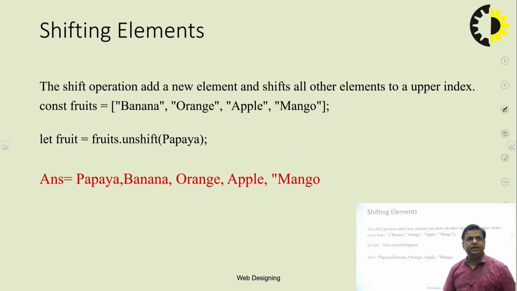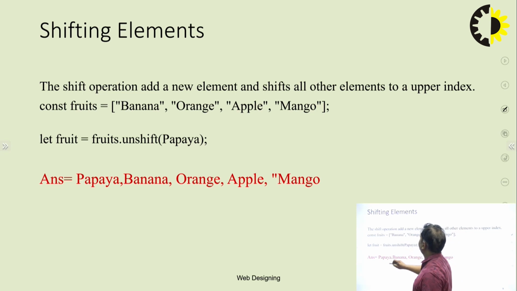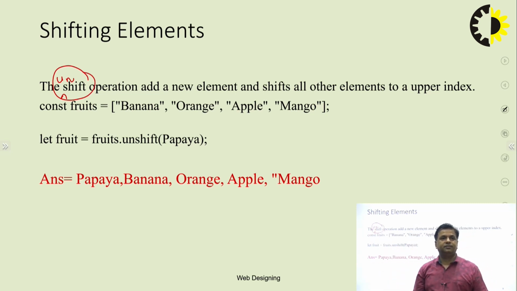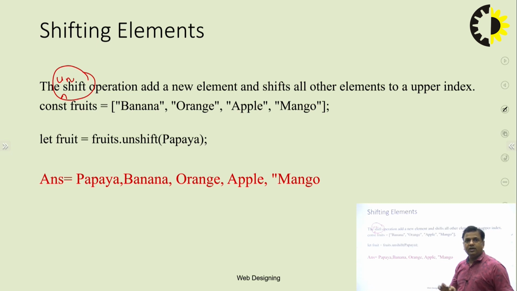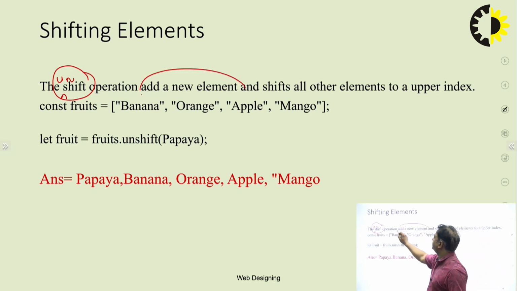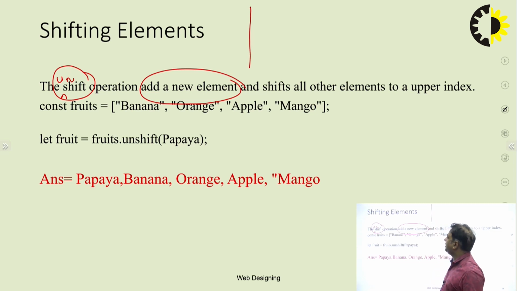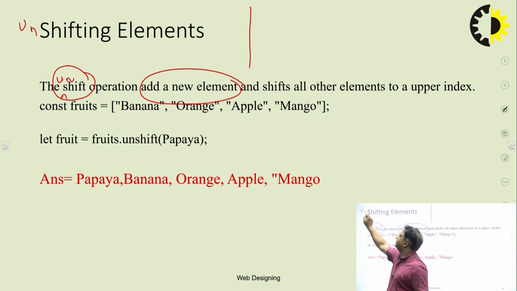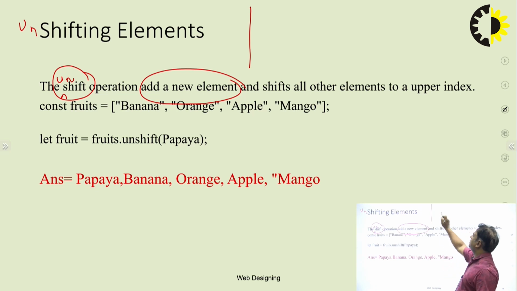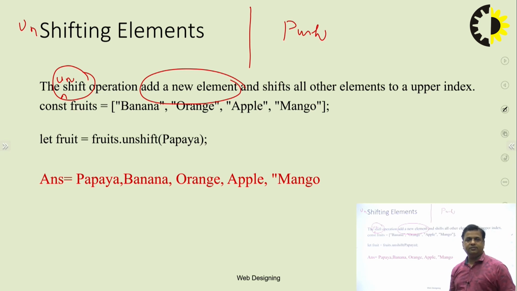In contrast to shifting elements, we have one more method, the unshift operation. This is the contrast of shift. Shift removes an element, and unshift adds a new element. Unshifting can be compared with the push operation.